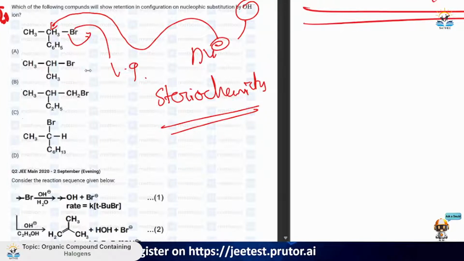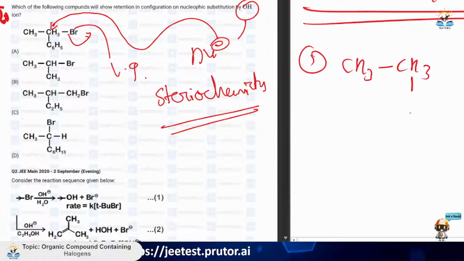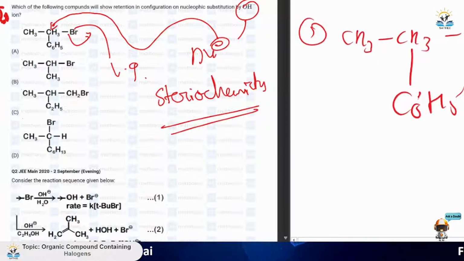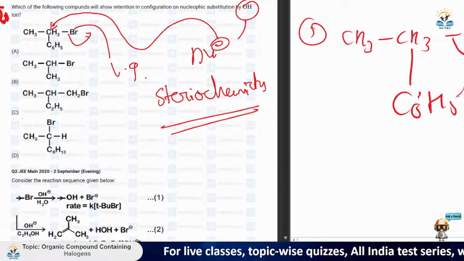Let me show the reaction first. Question number one, CH3, CH3, C6H5, and this is Br. So if this OH negative has to come here, this Br will be cut here.